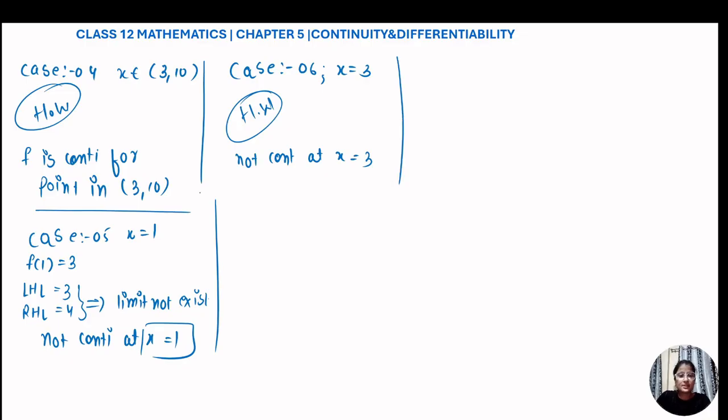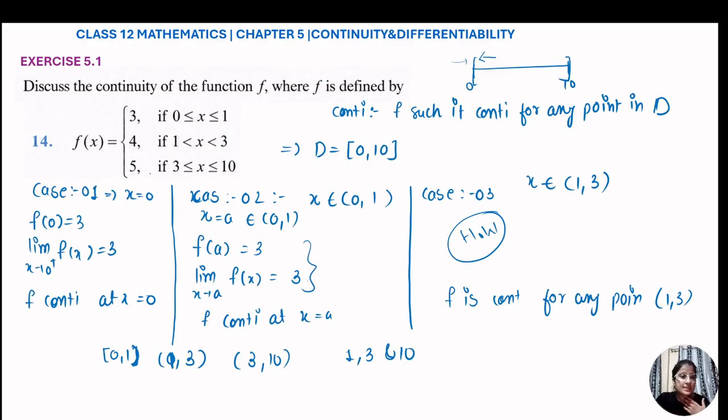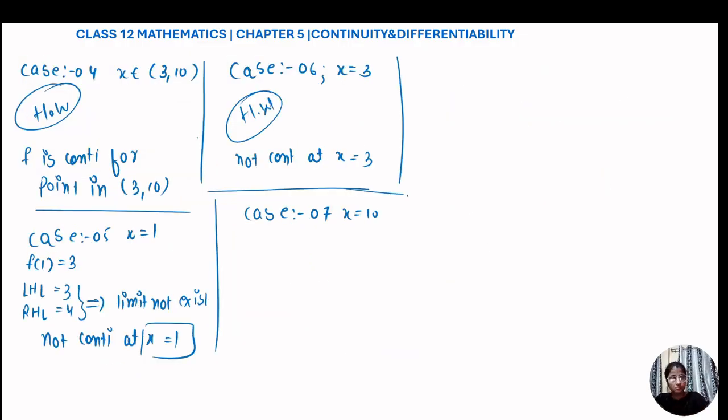Now we are left with the last point, case 7, where my x is 10. As you can see, the function value is 5, and here you have only this part, so you can only reach the point from the left hand side. So the only limit you have to check is the left hand limit. Your left hand limit is 5 and your function value is also 5. So from here what you get, the function is continuous at x equals 10.